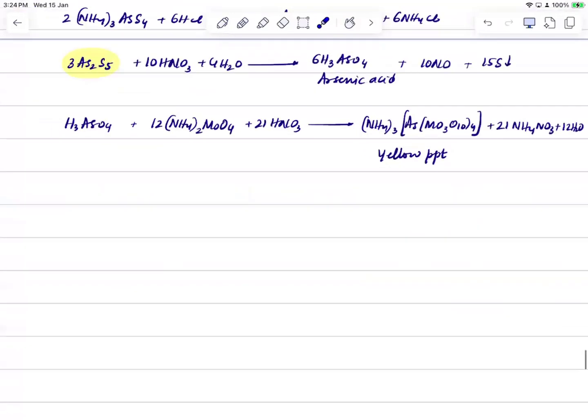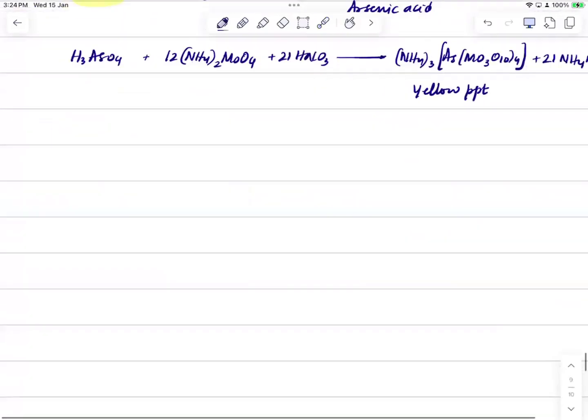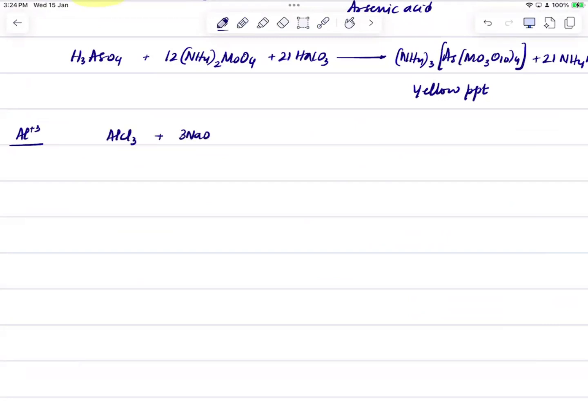Right. Next one is aluminium, Al plus 3. Whatever the chloride which has been formed, if you treat with 3 moles of NaOH, it will become Al(OH)3 plus 3 moles of NaCl.